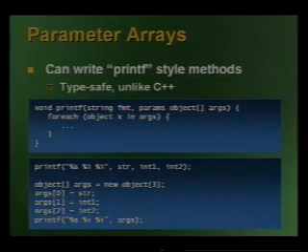And here's an example of how you would declare something like printf in C#. You basically declare it as a method that takes first a string, a formatting string, and then an array of objects. And by using the params keyword, which you can apply to the last argument of a function, you are specifying that, by the way, the user can give me this array by just writing a comma-separated list of objects.